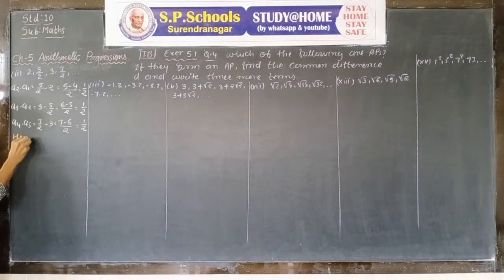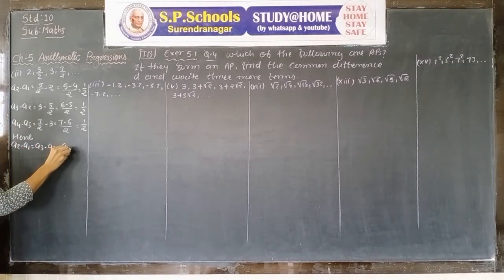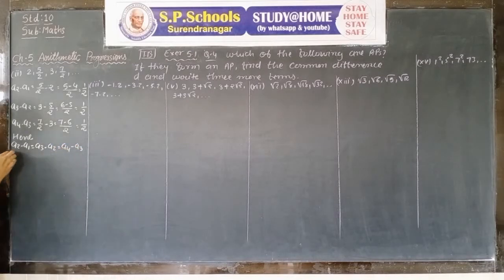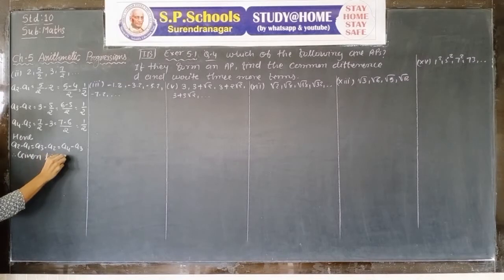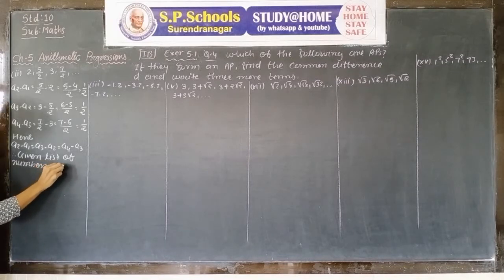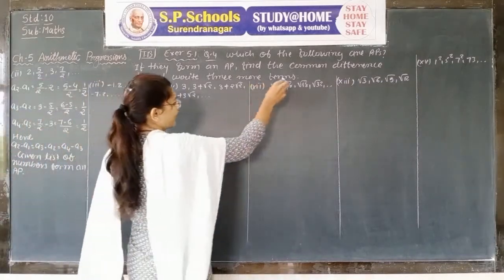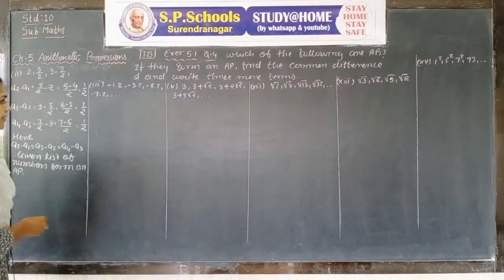Here a2 minus a1 is equal to a3 minus a2 is equal to a4 minus a3. Therefore, the given list of numbers forms an AP. If it forms an AP, write the common difference d and the next 3 terms.